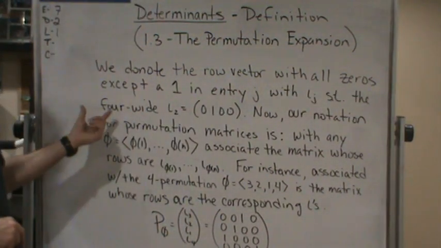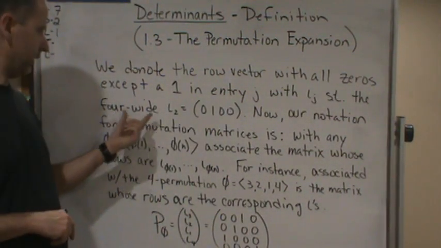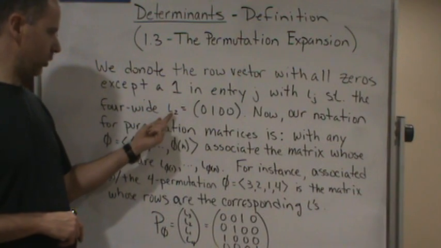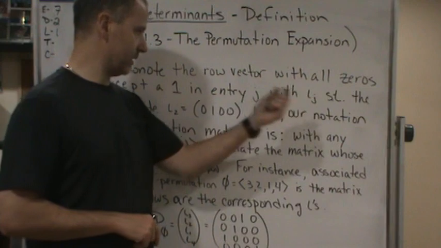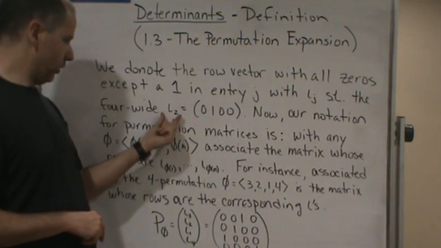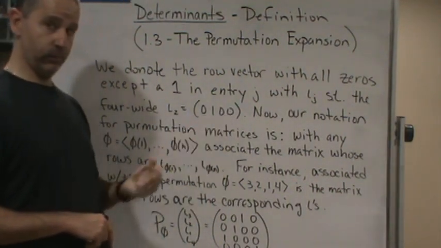So for example, in the 4-wide case, iota sub 2 means that there's a 1 in the second position, so j, right? J is the position. So iota 2 represents this row vector, okay?